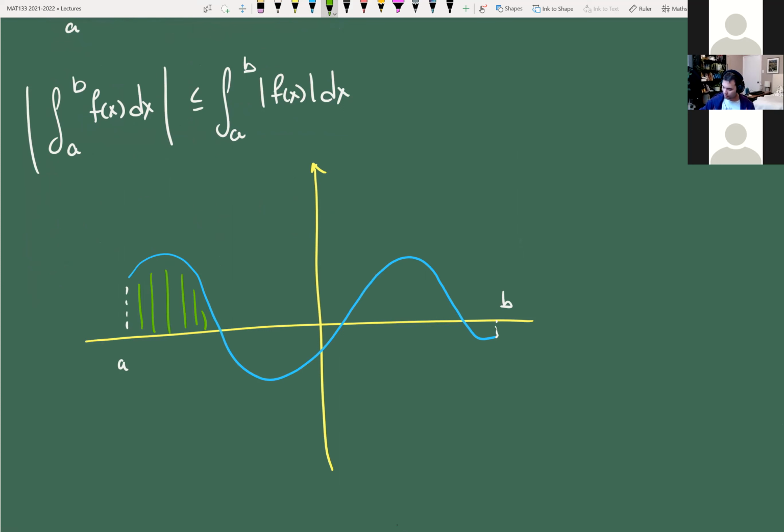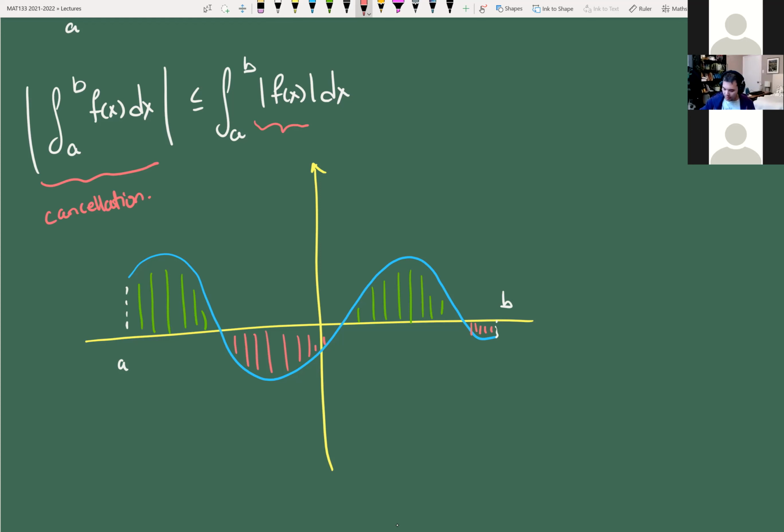So the stuff above the x-axis is positive and beneath the x-axis is negative. When I compute my left-hand side, I get all that cancellation happening, so the area is going to end up being relatively small. The absolute value at the end just makes sure your answer is positive.